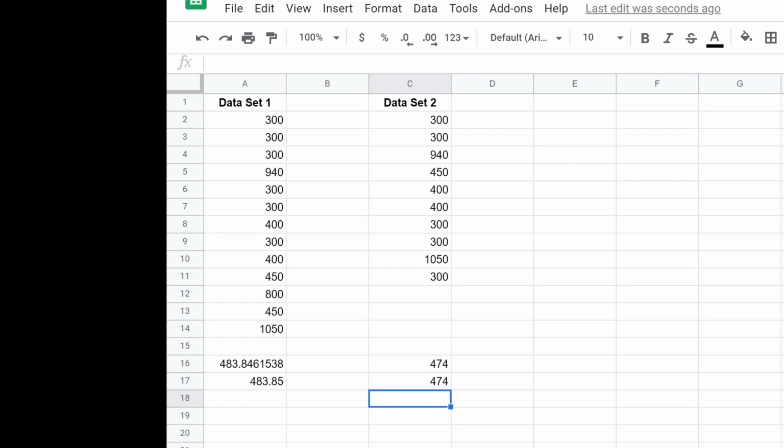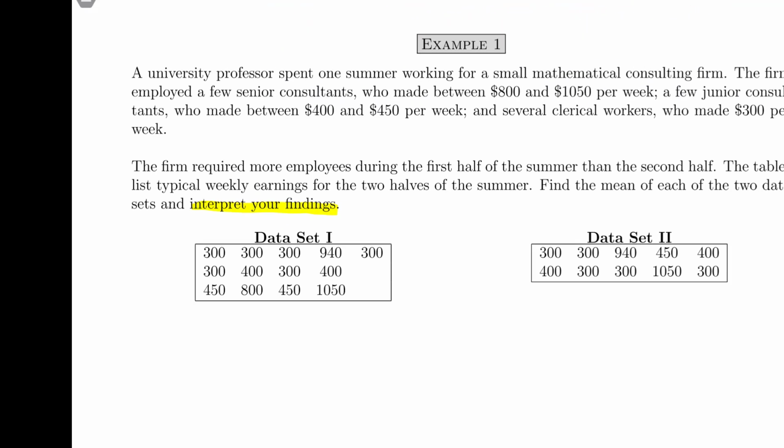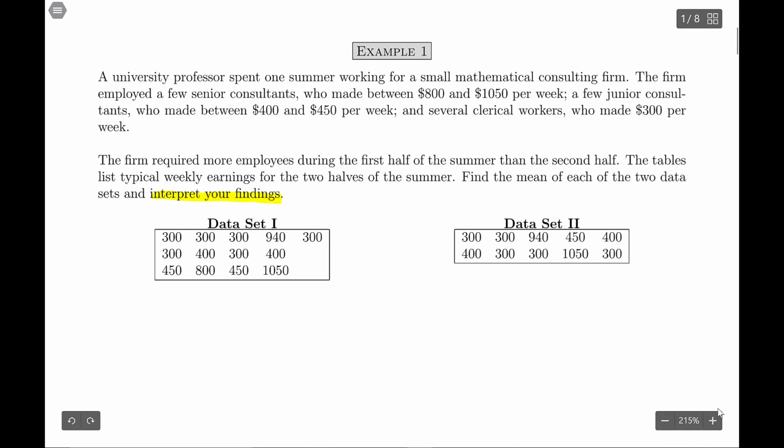So what this shows us when we go back over to our notes is for the first data set, there is an average of $483.85. And that's the average weekly earning. So that's average or mean weekly earnings.